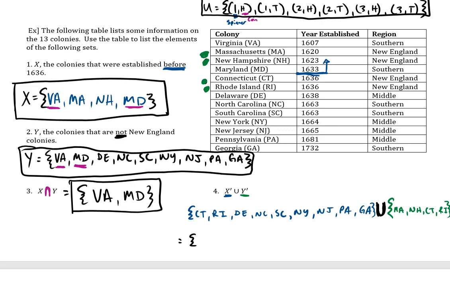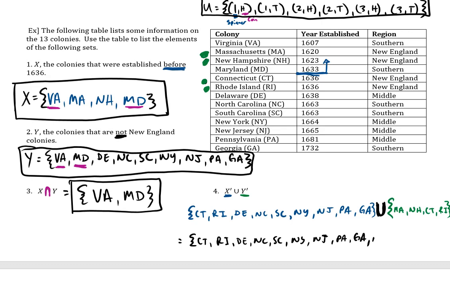So I'm going to list all of the ones that are in blue. Connecticut, Rhode Island, Delaware, North Carolina, South Carolina, New York, New Jersey, Pennsylvania, Georgia, comma. Okay, so what is missing?